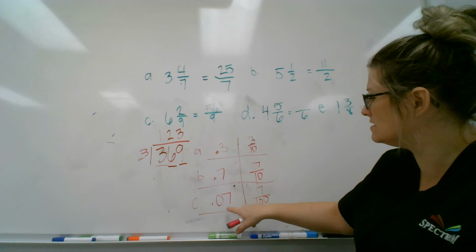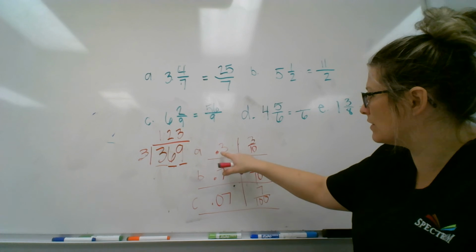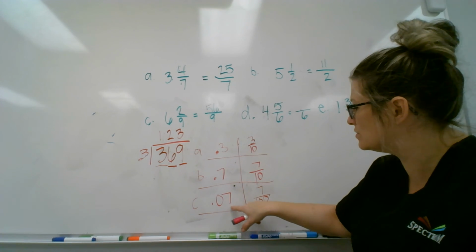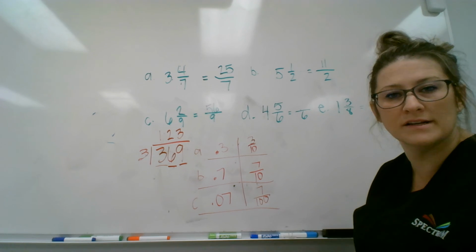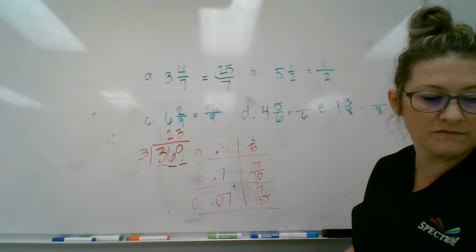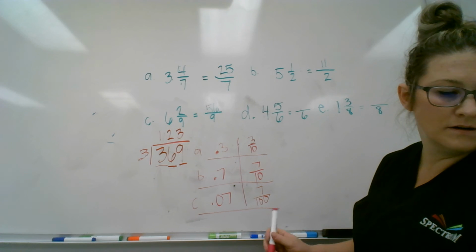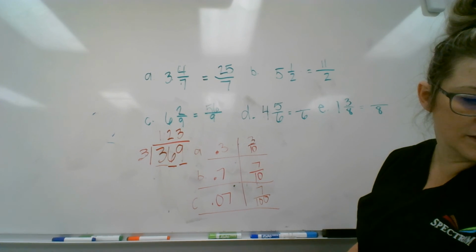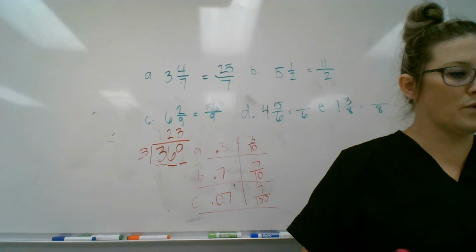So how many spaces are next to the decimal? That's how many spaces you have underneath your fraction. So 1, 2, you have 2 zeros with a 7 on top. Go ahead and complete the rest of that table, and then we will move on to part 4.